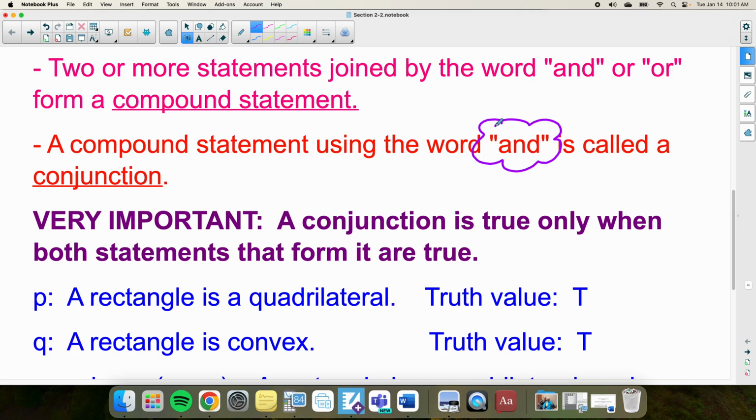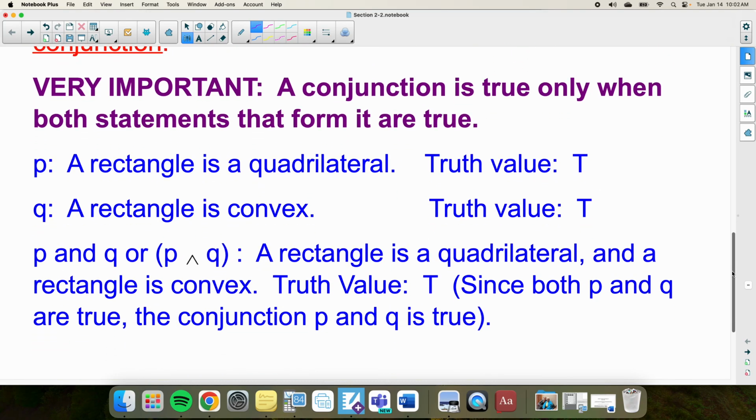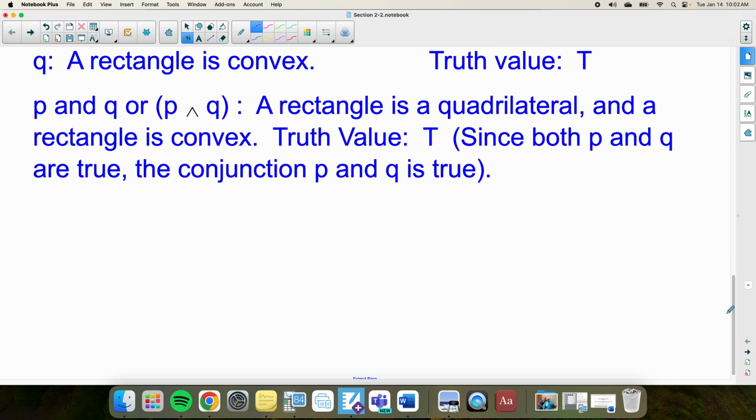You'd say a rectangle is a quadrilateral and a rectangle is convex, okay? Now, how that is going to look when they ask you to write it is this, okay?